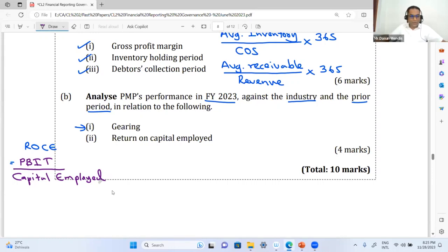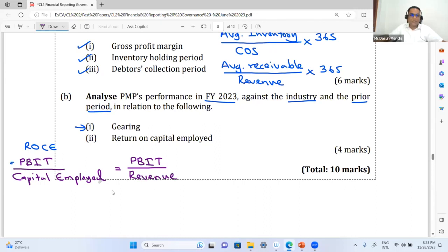Now, what we can do is write the breakdown of this ROCE ratio. I am breaking this into two components. One part is profitability: PBIT divided by revenue.